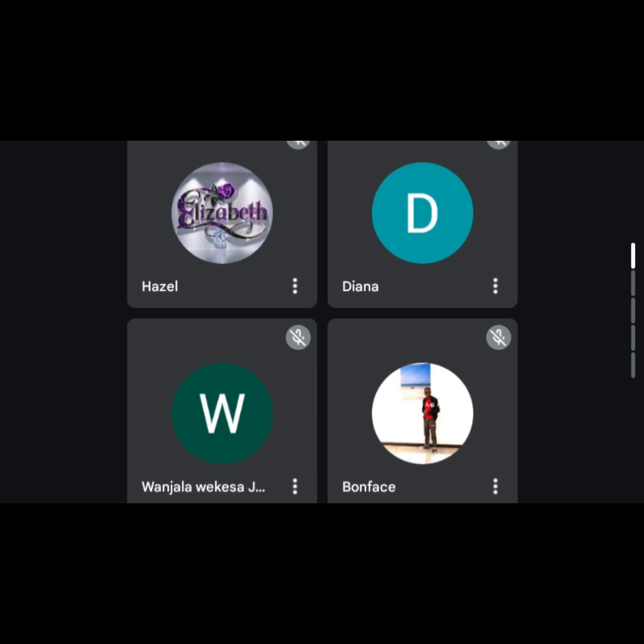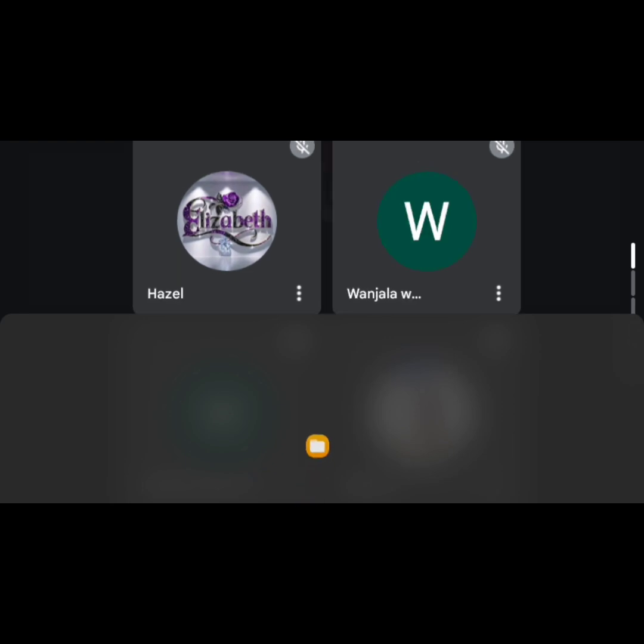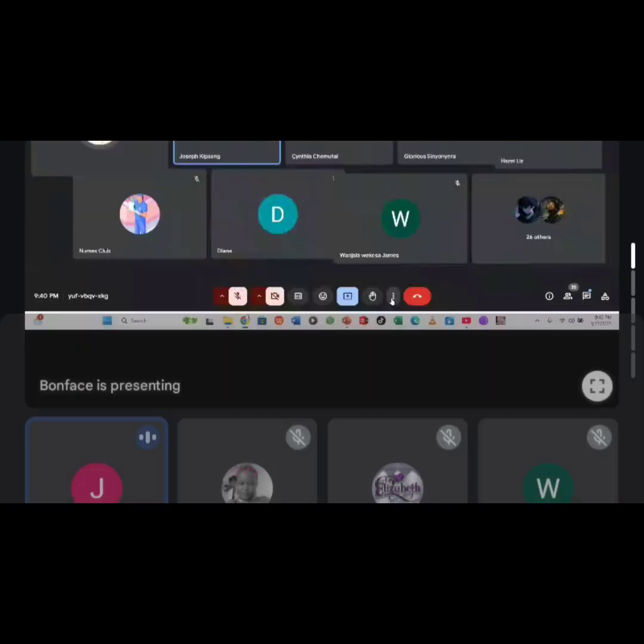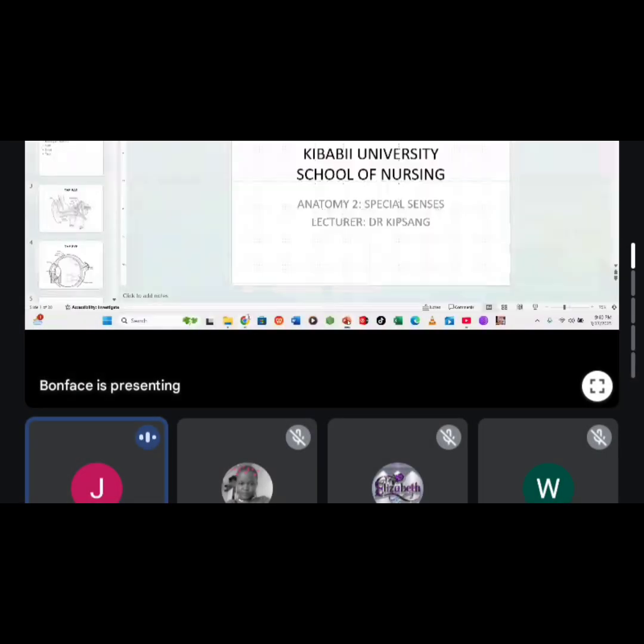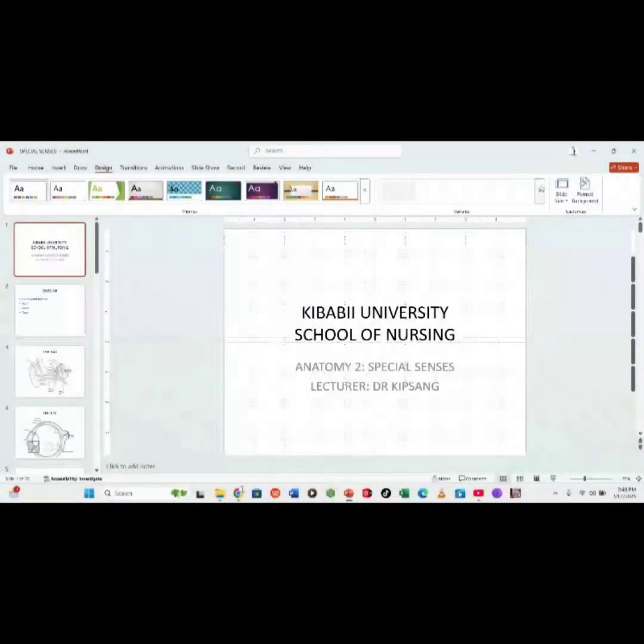Then from the eardrum to the oval window, that's called the middle ear. And after that, we have the inner ear. So the ear is the outer ear, the middle ear, and the inner ear. In the outer ear, we have the auricle or the pinna, and then the external auditory canal.